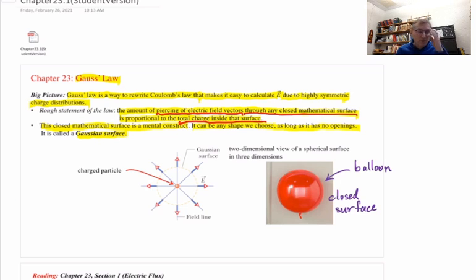And of course, we're going to struggle with ways to represent that Gaussian surface in drawings, because we're drawing on a two-dimensional surface, but a Gaussian surface, being a closed mathematical surface, will have to reside in three-dimensional space. So it's always tricky to try to draw it. In fact, you might as well start to get used to how we're going to have to deal with that. The picture on the left here is a typical way that textbooks will try to represent the kind of scenario we're talking about in this chapter.